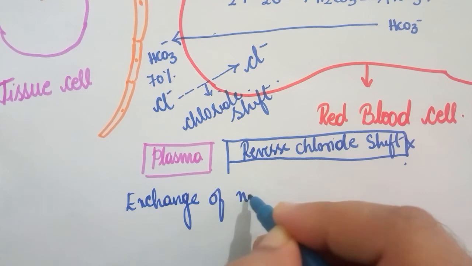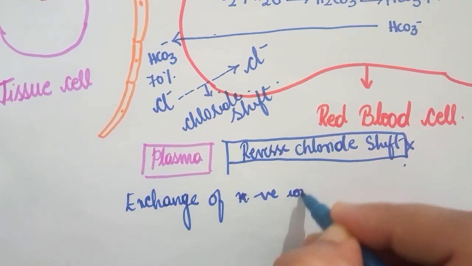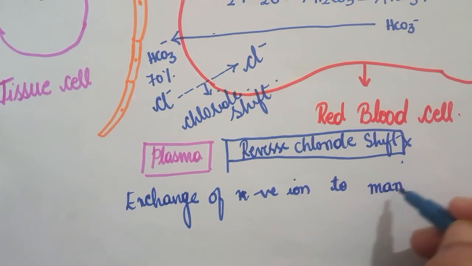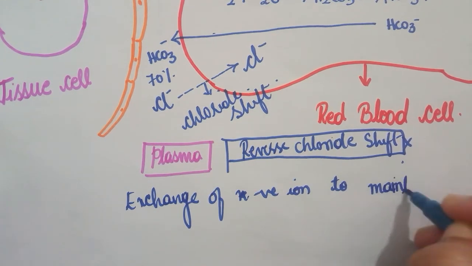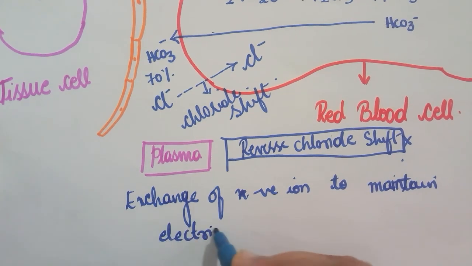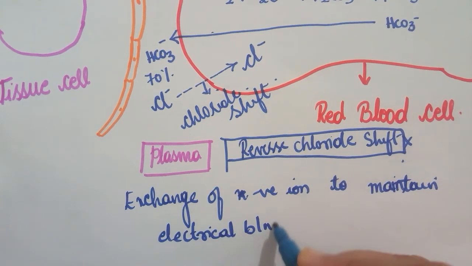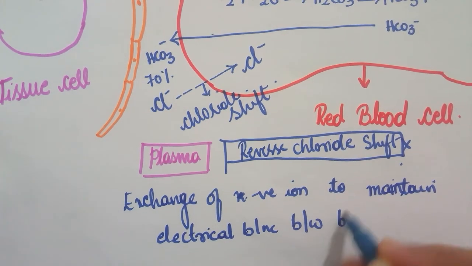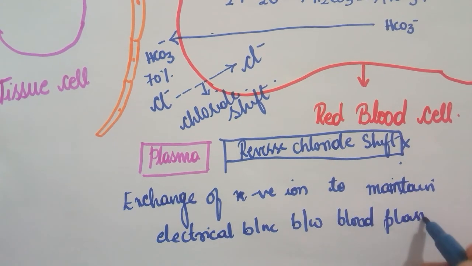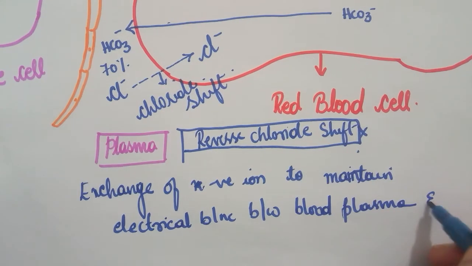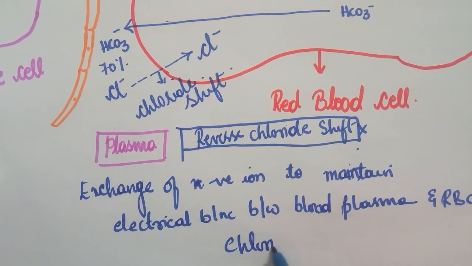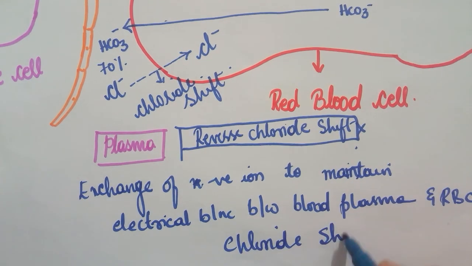So exchange of negative ion to maintain the electrical balance between blood plasma and RBC. I mean, actually, the cytoplasm will be the RBC. You can call it chloride shift. Okay. So I hope you understood.